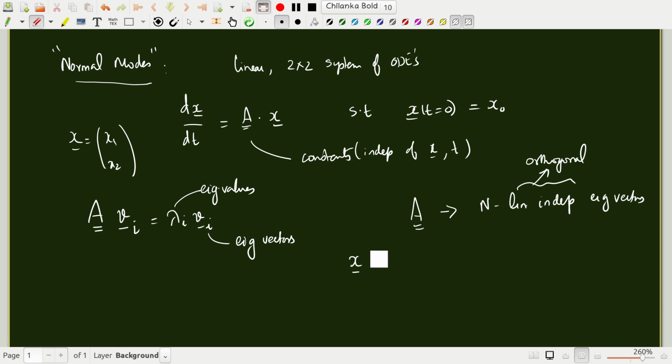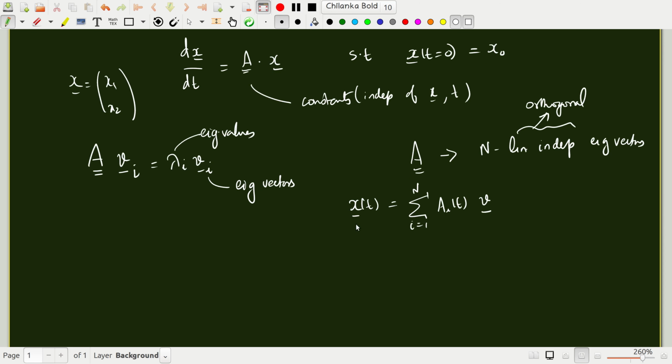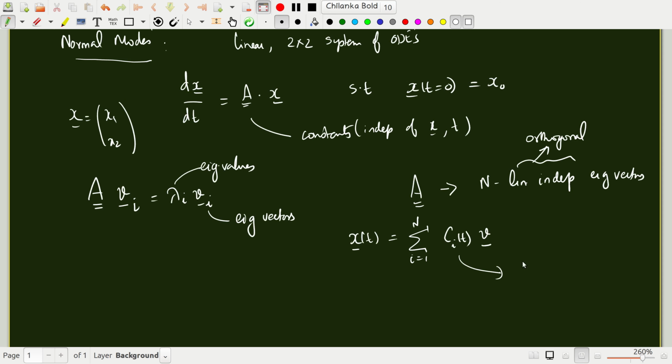Then we can expand x of t as the sum over i equals 1 to n of c_i(t) v_i. I'll use c_i because A is reserved for the matrix. These are the constants. Instead of determining x of t, if I find the constants c_i of t, then I have finished solving the problem, right? These are to be determined.